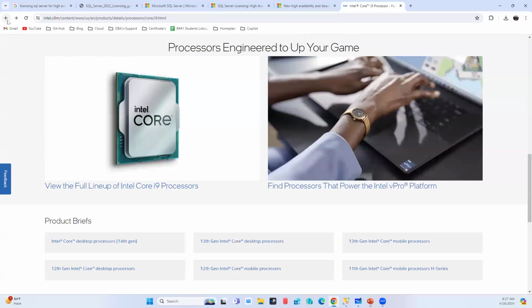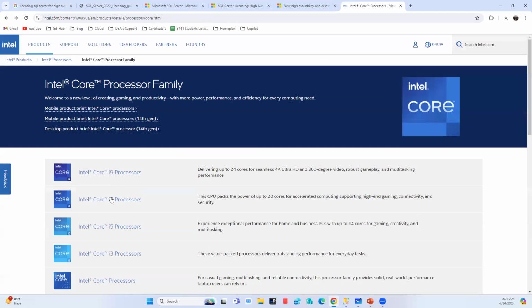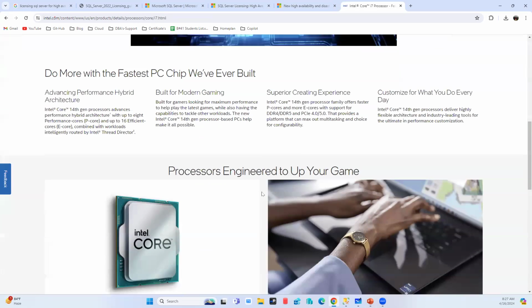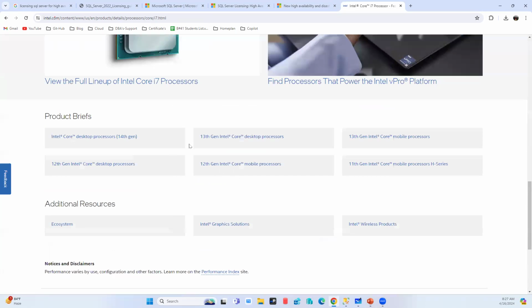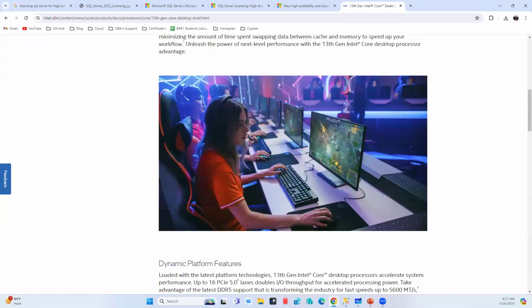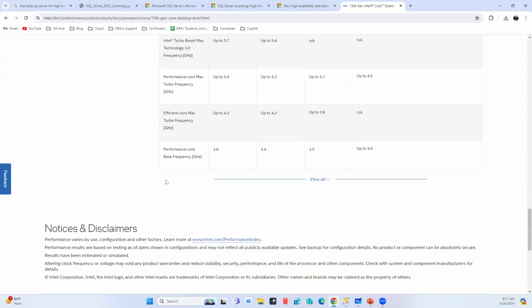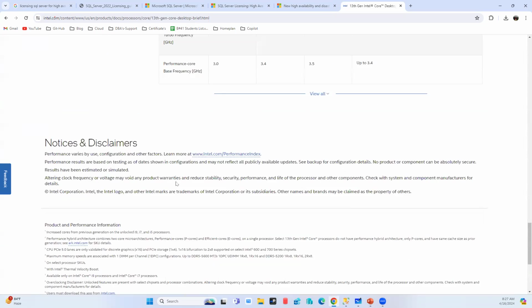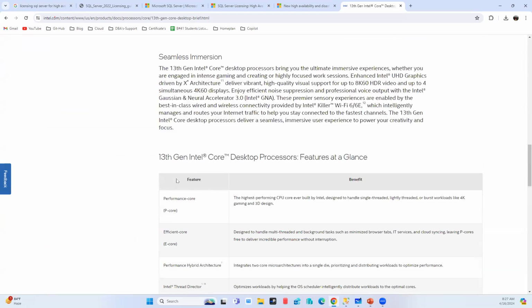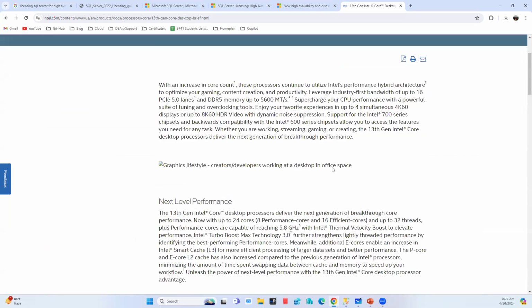Let me go for i7. I need to show you the desktop processor, the mobile processor. Where is the count? Come on, the portal is updated.